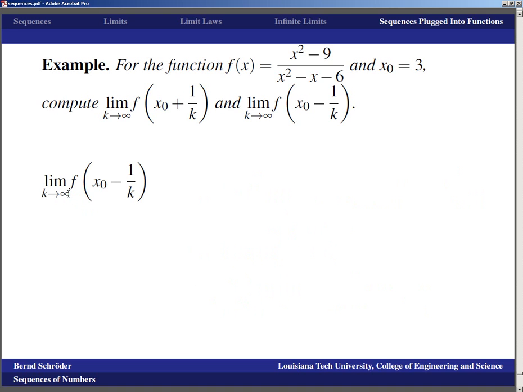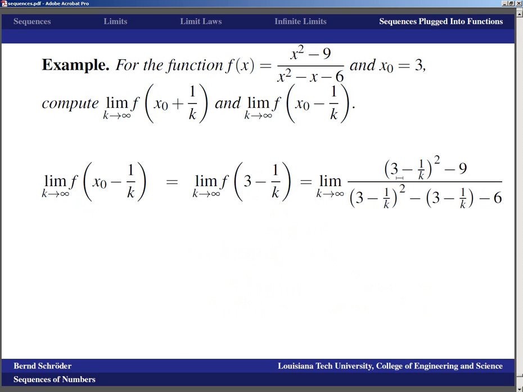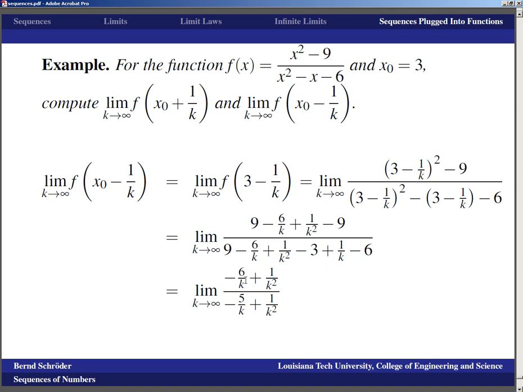And if you do this with the limit as k goes to infinity of f of x0 minus 1 over k, you get the same story, only that you plug in 3 minus 1 over k, which means that your multiplication gives you a minus 6 over k here and a minus 6 over k here. Everything else stays the same, so you end up with the limit of minus 6 over k plus 1 over k squared divided by minus 5 over k plus 1 over k squared.